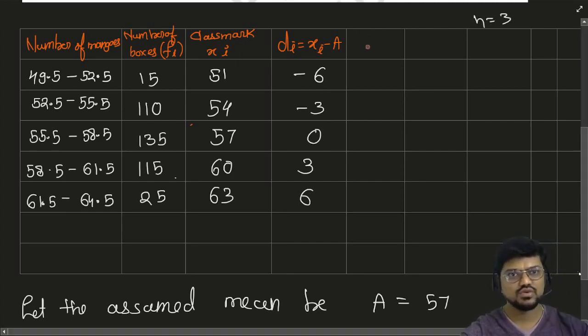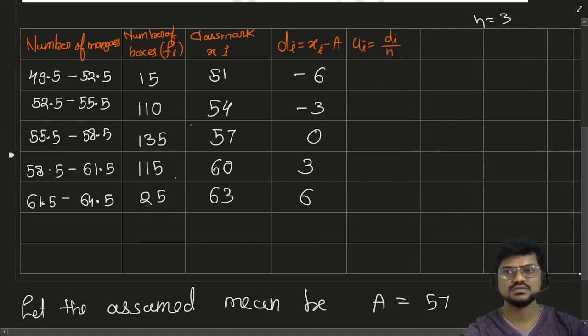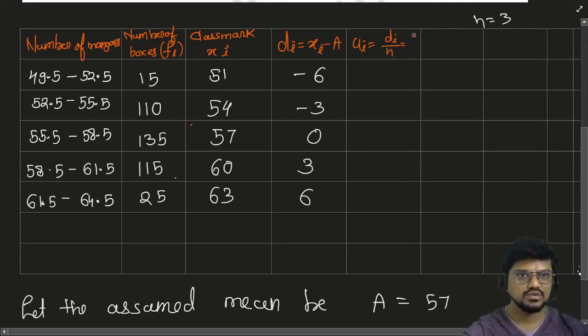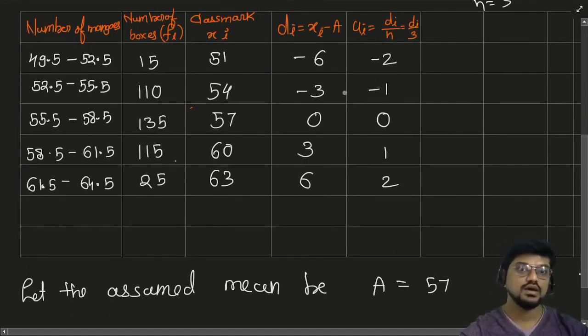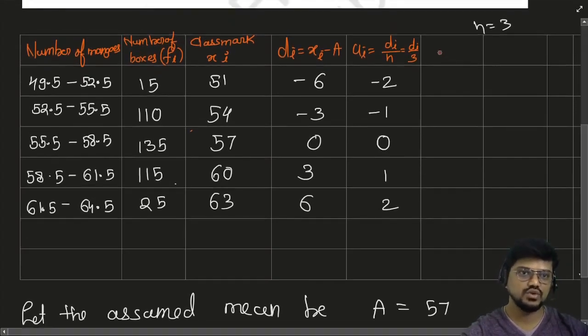So you will write ui equals di divided by h, and that is di upon 3. So again, what you get is minus 2, minus 1, 0, 1, and 2. Done. Now we'll first find fi into ui.